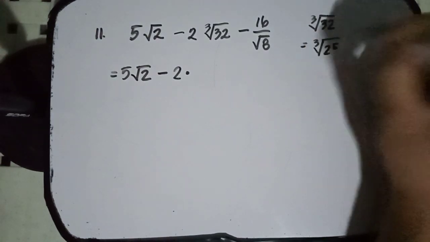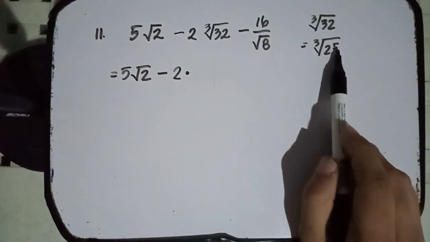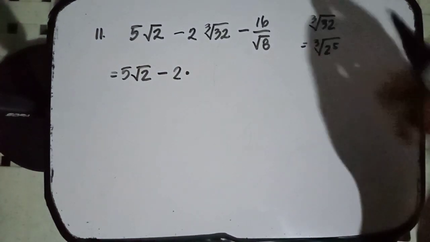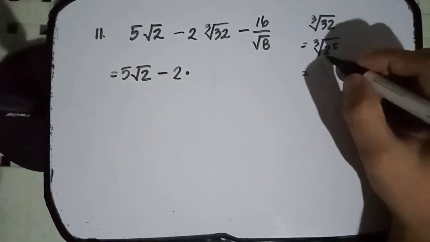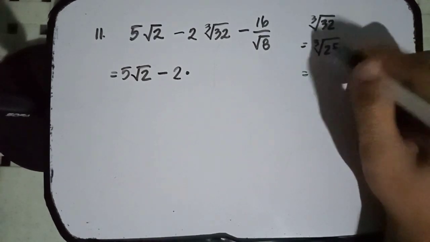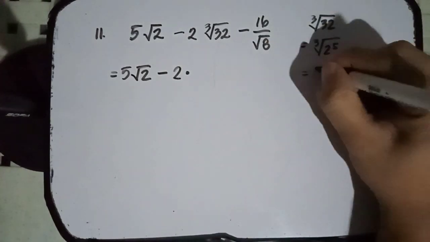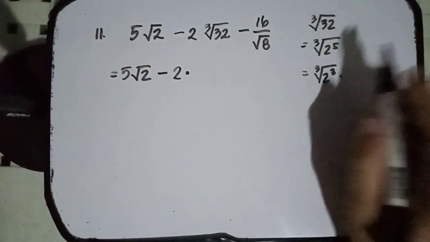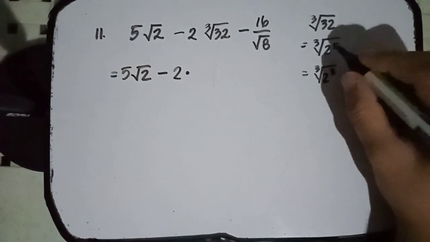So, palitan natin ng 2 to the 5th power. Okay. Ayan. And then, from 2 to the 5th power, since ang index ay 3, kukunin natin yung perfect cube factor nito. That is 2 cubed. Okay? So, ihiwalay natin yung 2 cubed na yon. So, cube root of 2 cubed times cube root of yung natira pa.